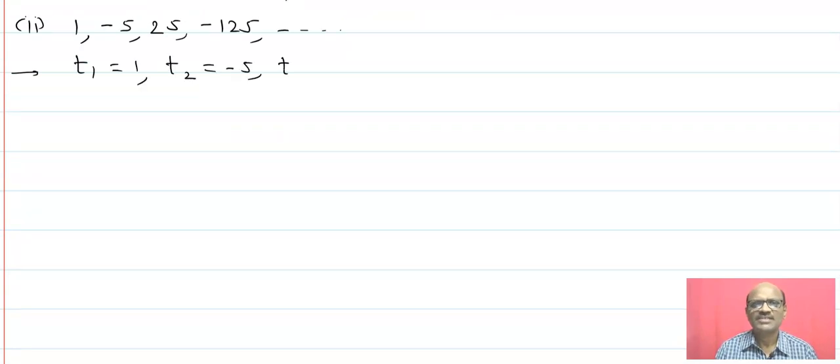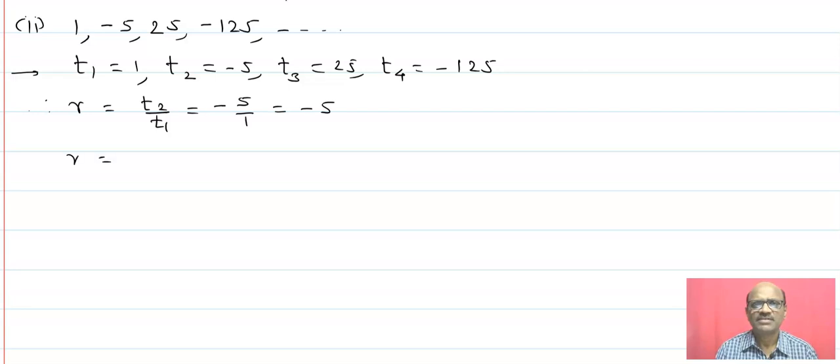Now next, T1 is 1, T2 is minus 5, T3 is 25, T4 is minus 125. R is equal to T2 upon T1, that is minus 5 upon 1, that is minus 5. R is equal to T3 upon T2, that is 25 upon minus 5, that is minus 5.